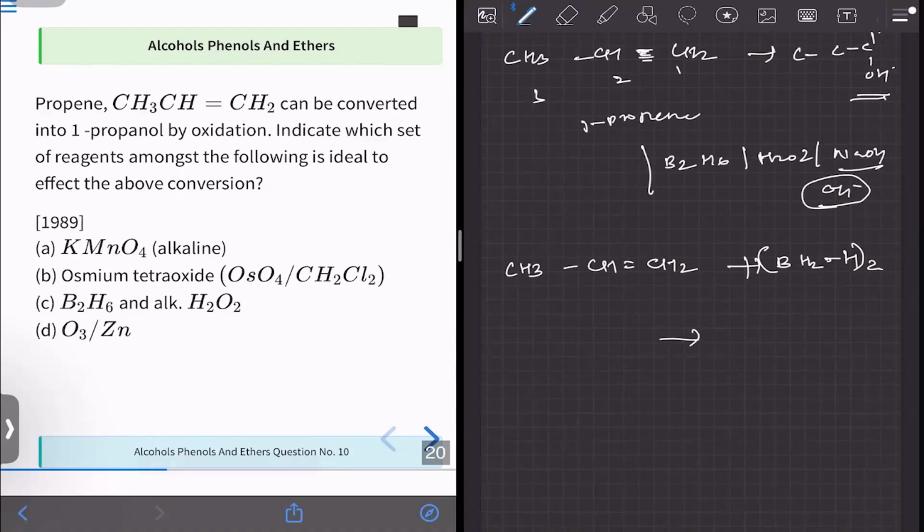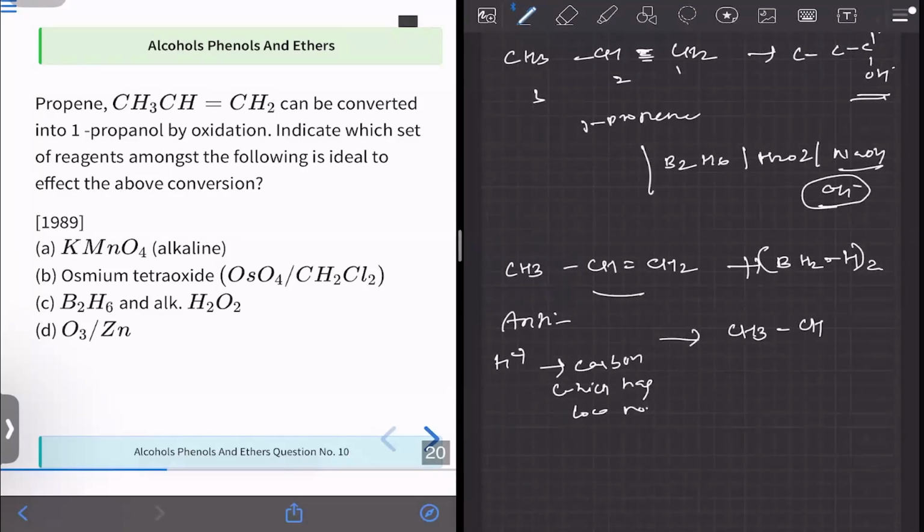So it is an addition reaction, and it follows the anti-Markovnikov route where H plus is added to the carbon which has the lower number of hydrogens. Here H is added at the second position, so it will be CH3CH2, and BH2 will be added at the first position, CH2BH2.